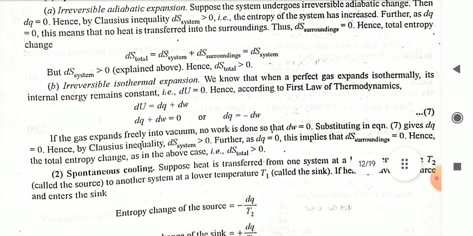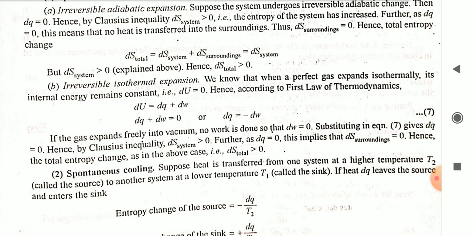Further, as dq is equal to 0, this means that no heat is transferred into the surrounding, thus ds surrounding is equal to 0. And the total entropy change, ds total, is equal to ds system plus ds surrounding, which is equal to ds of system. But ds system is greater than 0 and hence ds of total is greater than 0.